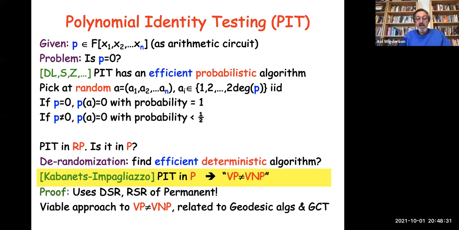In fact, it's this attempt that led us to operator scaling, to these geodesic algorithms, and it's very much connected with the GCT program, even though originally they seem like different approaches to the problem. They turn out to hinge greatly on efficient algorithms for invariant theoretic problems, and there's a lot that I'm sure you'll explore this semester.